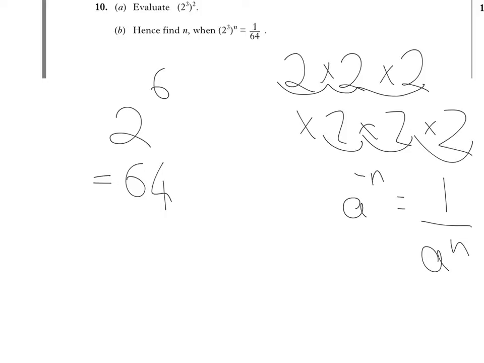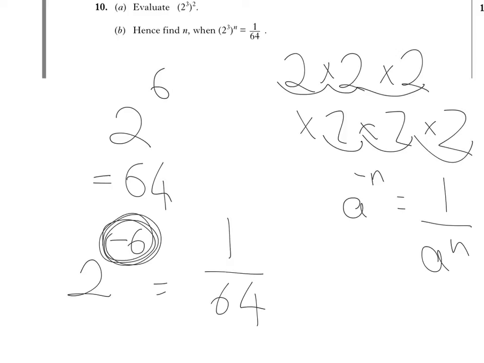Well, if 2 to the 6 is 64, it would follow then that 2 to the minus 6 is equal to 1 over 64. Now to end up with minus 6, and if you're multiplying the powers together, 3 times n is minus 6. That means that n must be minus 2, and that's the final answer.